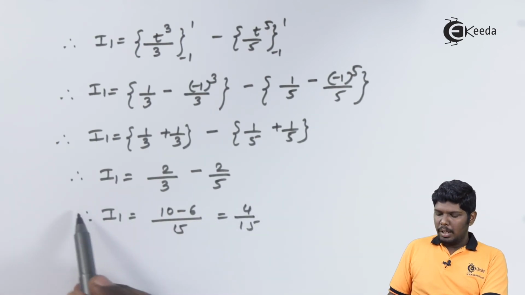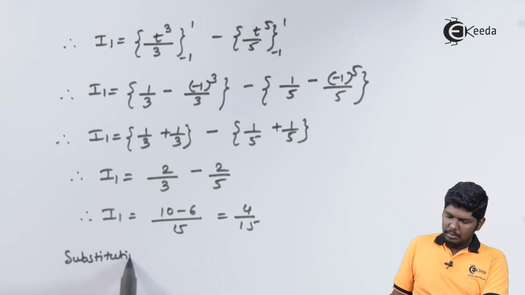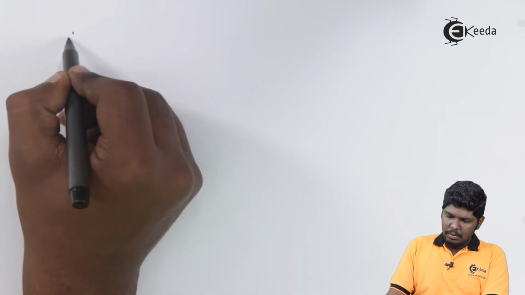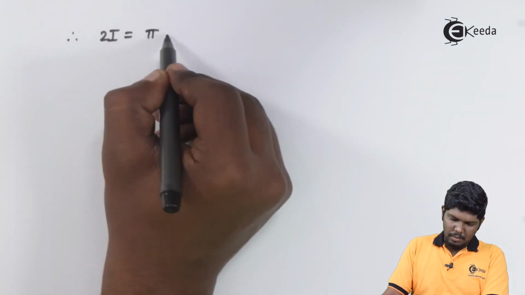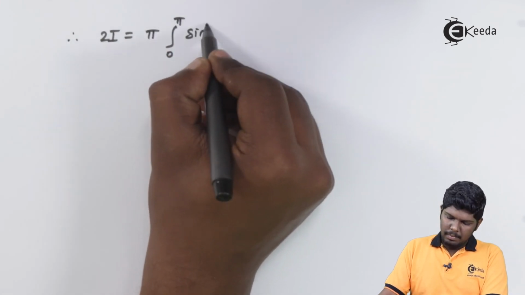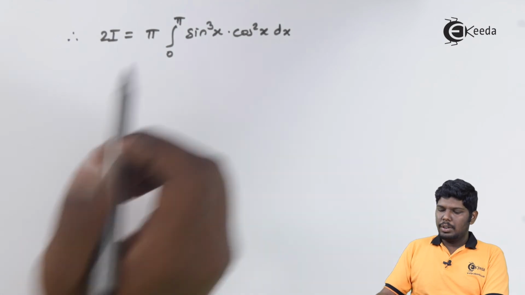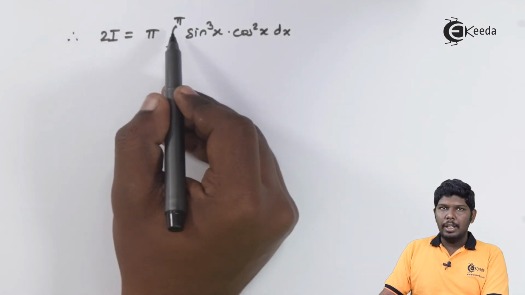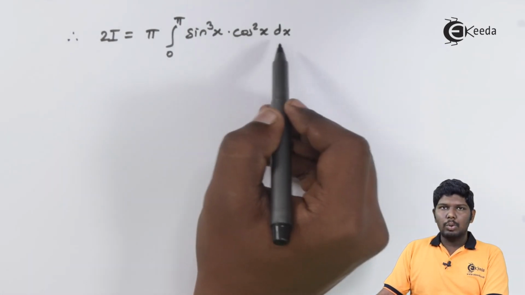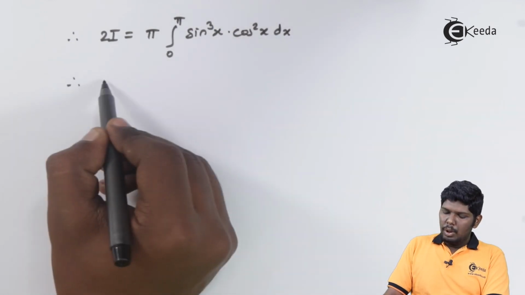So let us substitute the value of I1 in equation number 1. Our equation number 1 was 2i is equal to pi times integral 0 to pi sin cube x into cos square x dx, and this integral we have taken it as I1.